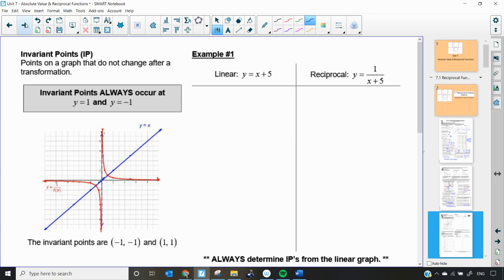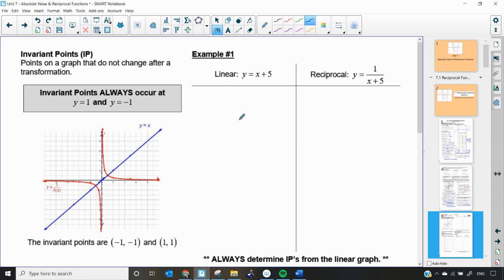When we take the reciprocal of a function, essentially we're transforming the graph. So when we transform the graph, if there are points that stay the same, those are called invariant points. The invariant points for this reciprocal function would be (-1, -1) and (1, 1). But we're going to take a look at how we can get those.